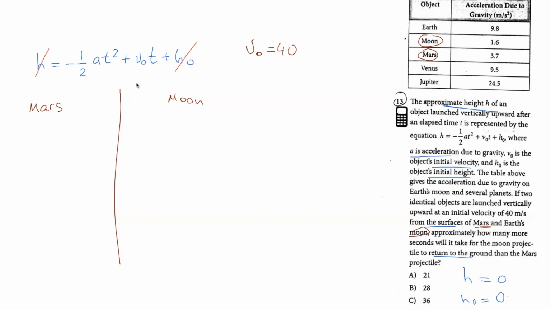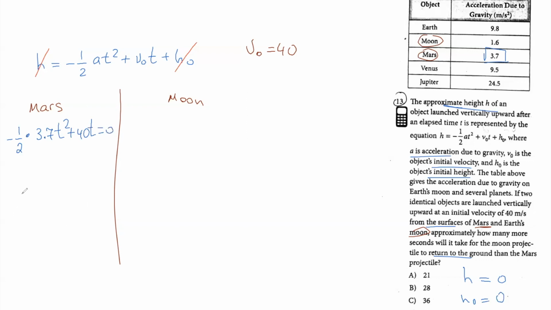Let's write the formula. This is minus 1 over 2. Acceleration for the Mars is what? 3.7, you see. Multiply by 3.7 t squared plus v0 is 40t, is equal to 0.